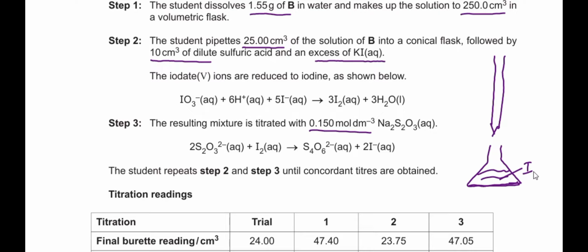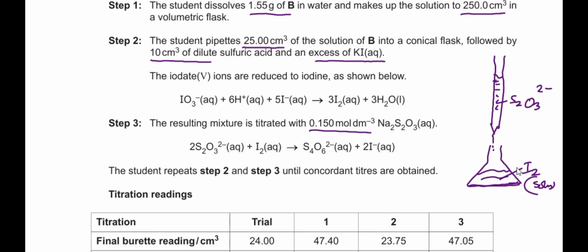So this is iodine solution with water, and this is S2O3 2 minus. Now, when we are titrating it, we need to identify when the entire iodine in the solution is reacted with this sodium thiosulfate.